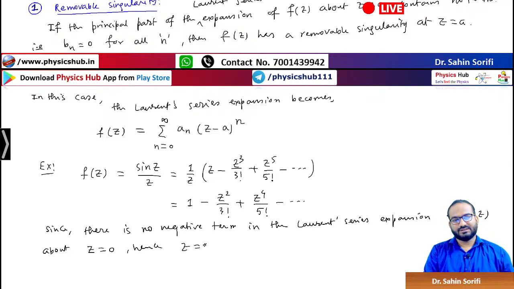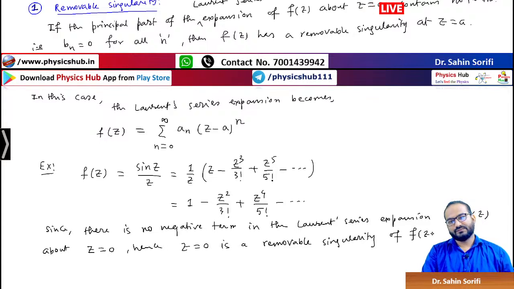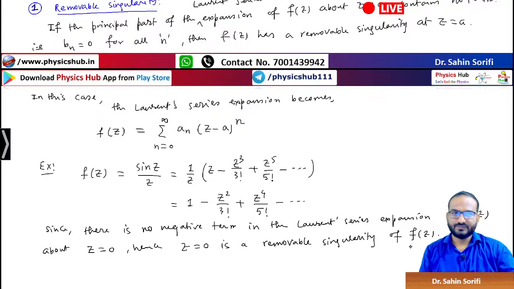Hence z equals 0 is a removable singularity of f of z. Clear?